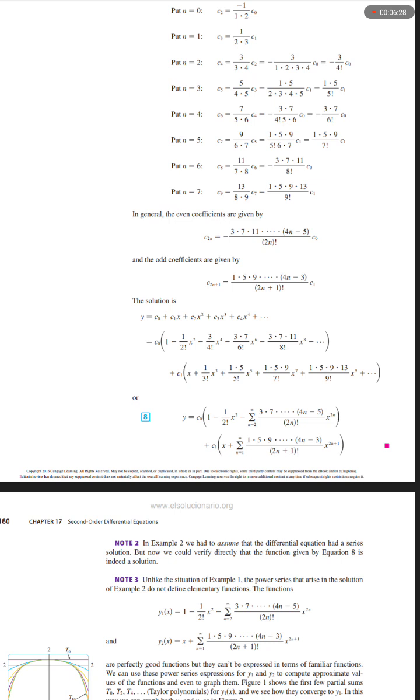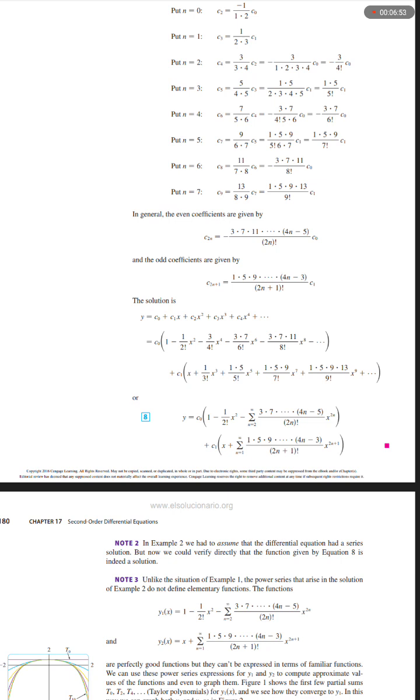Put n equals 5. C sub 7 equals 9 over 6 times 7 times c sub 5 equals 1 times 5 times 9 over 5 factorial times 6 times 7, c sub 1 equals 1 times 5 times 9 over 7 factorial c sub 1.